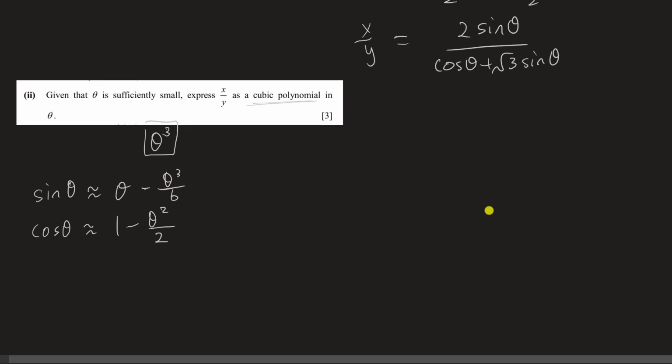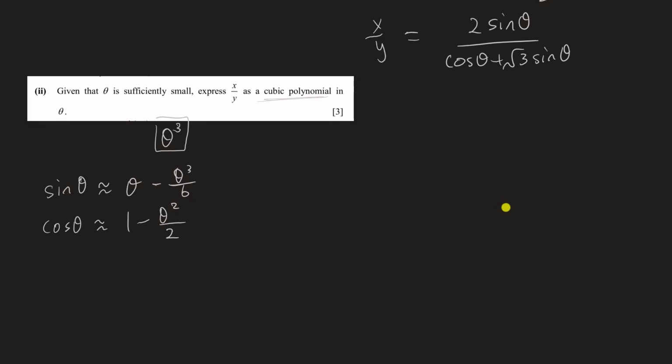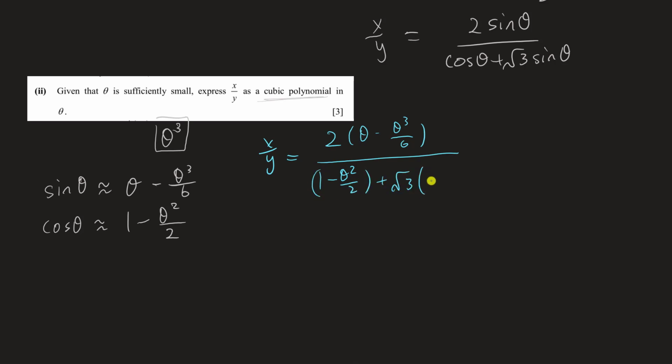Every time we see a sine and we see a cosine, we just replace accordingly. Therefore, x over y would give us 2 times theta minus theta cube over 6, divided by 1 minus theta square over 2 plus root 3 times theta minus theta cube over 6.